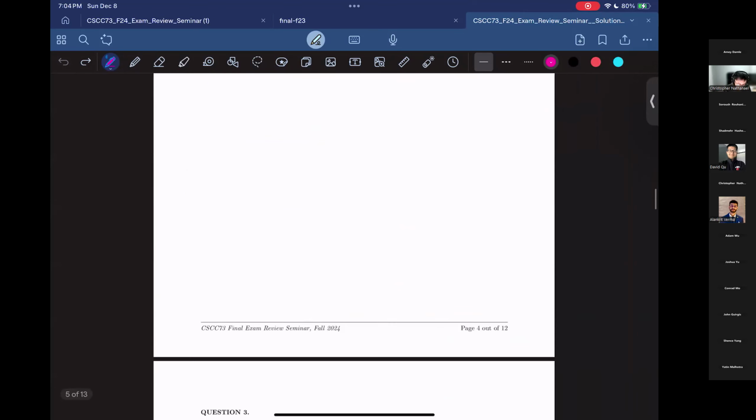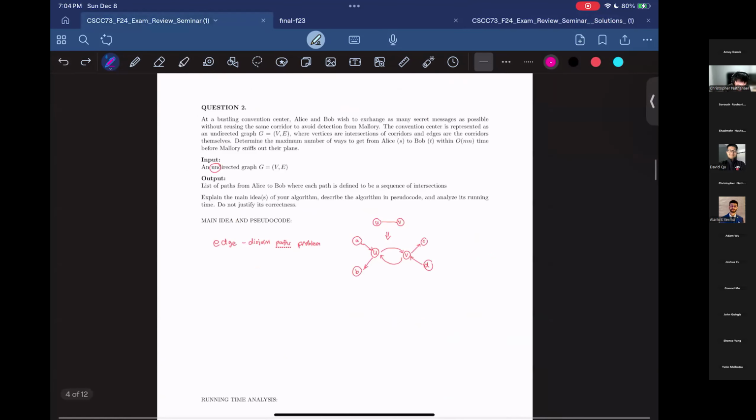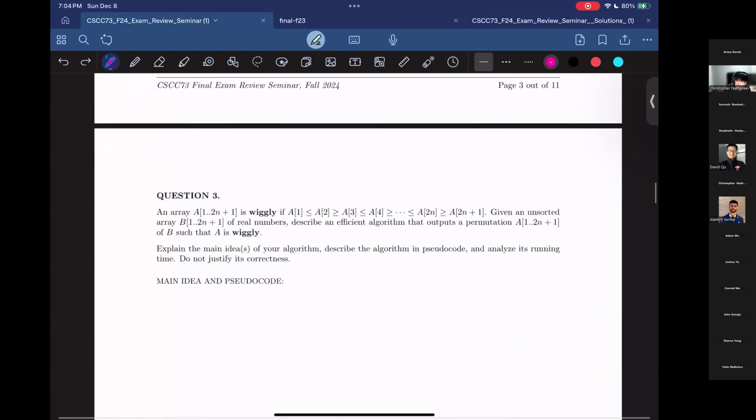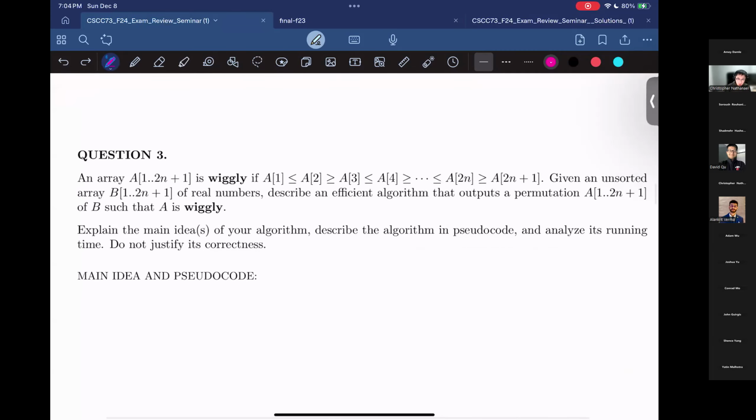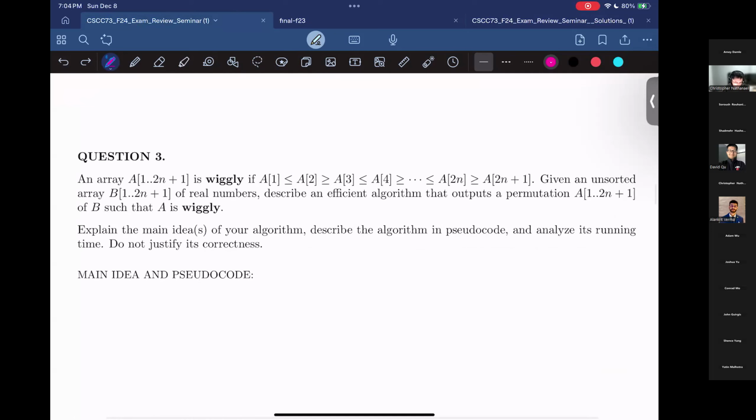Let's move on to the next problem. Question 3. An array A1 until A2n+1 is considered wiggly if its values go up and down: A1 is less than A2, A2 is bigger than or equal to A3, and it goes on until the end.